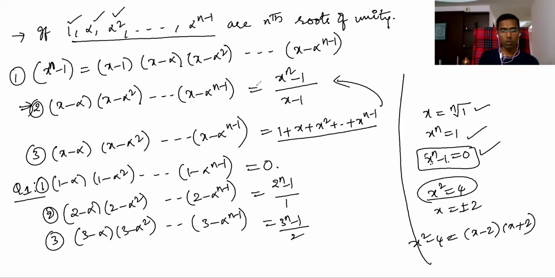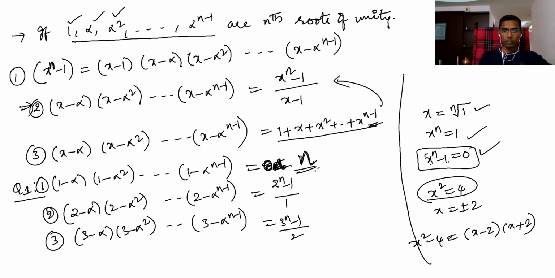Therefore, 1 you should not substitute here because 0 by 0 you are getting. So therefore, as x tends to 1, this tends to n. So this is not 0, this is n. Why is it n? Here you have to substitute 1 minus alpha, 1 minus alpha square, so on up to, this is going to be 1 plus 1 plus 1 like this.